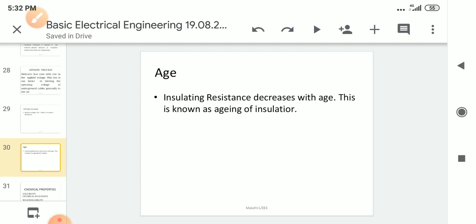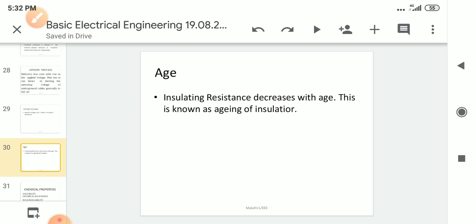The resistance automatically decreases with the increase in age. It generally happens. So these are the factors: temperature, moisture, voltage and age.